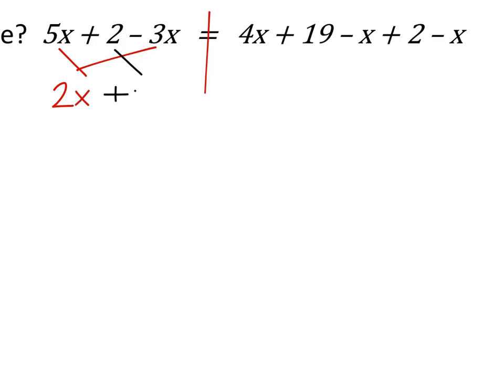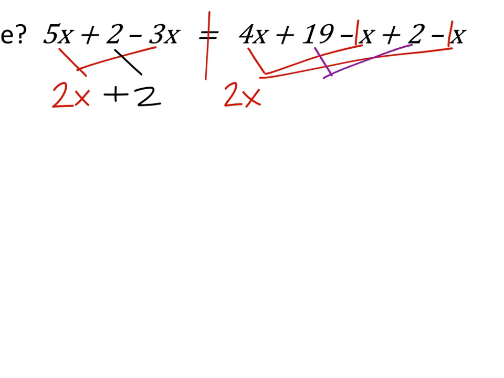Then I've got this positive 2 still. On the right side, I've got my x's, 4x's, this negative x, or negative 1x, and this other negative 1x, which would combine to be positive 2x's. And then I'll also combine my numbers. 19 and positive 2 would combine to be a positive 21.